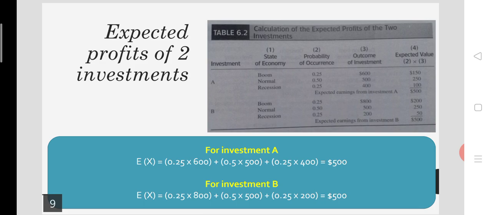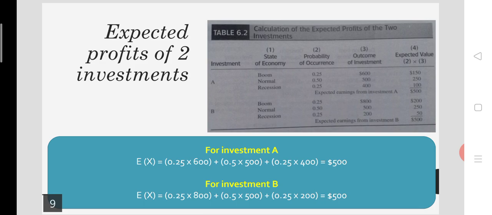So these are the probabilities of these three outcomes for the status of the economy, and each status of the economy will provide a different outcome from the investment.